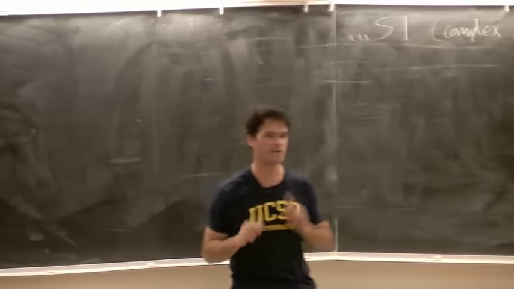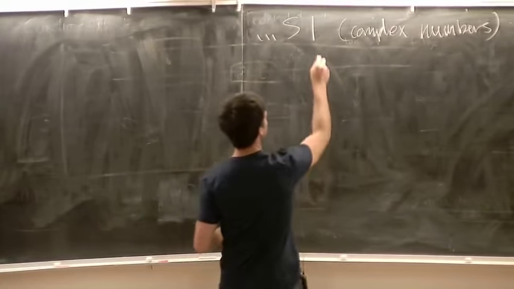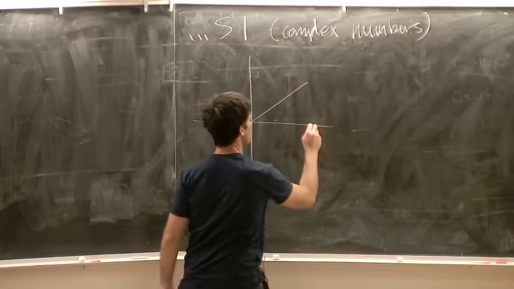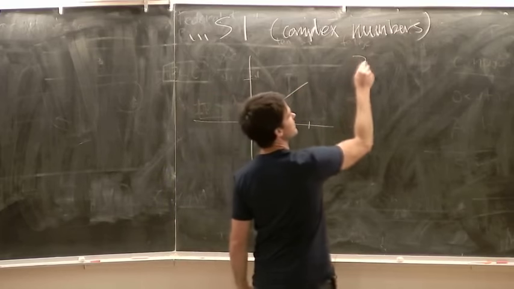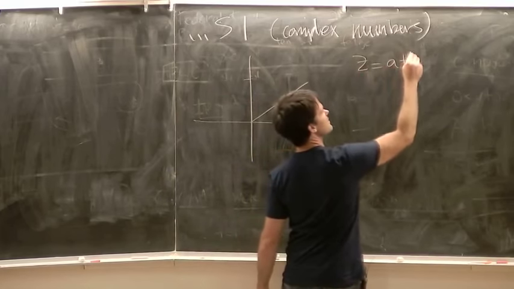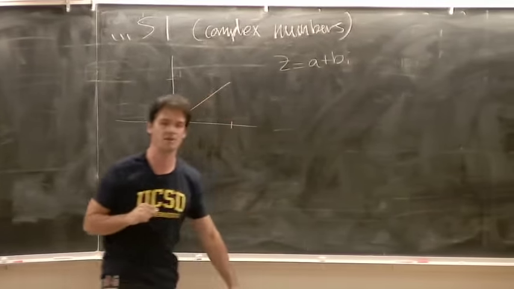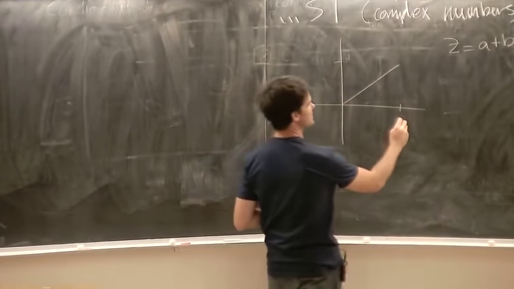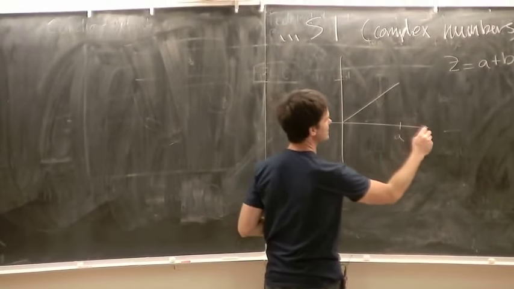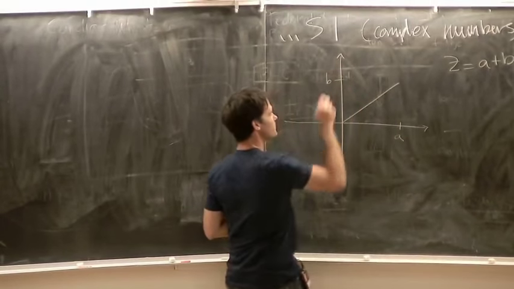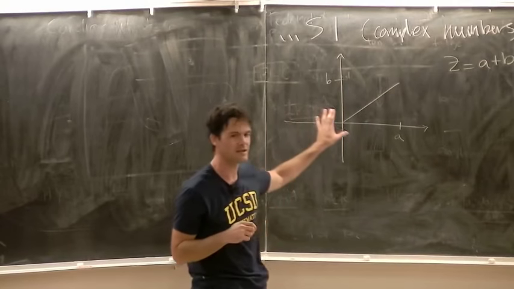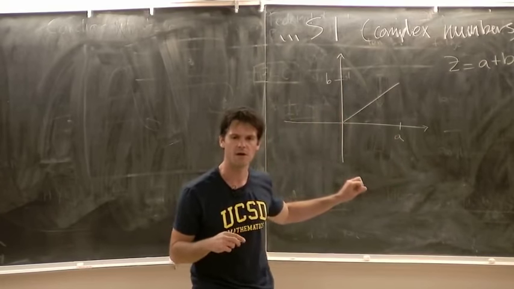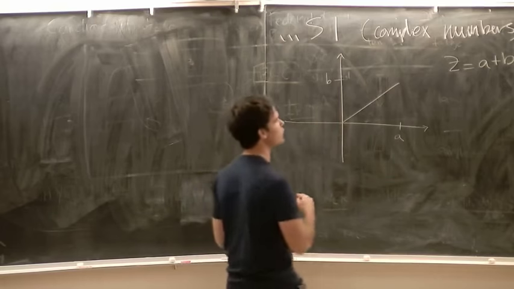Okay, so one of the last things that I drew on the board: I'm looking at the complex number z equals a plus bi. And what I'm drawing here, if this is the number a in the plane, and this is the number b, this should kind of remind you guys of learning about polar coordinates.